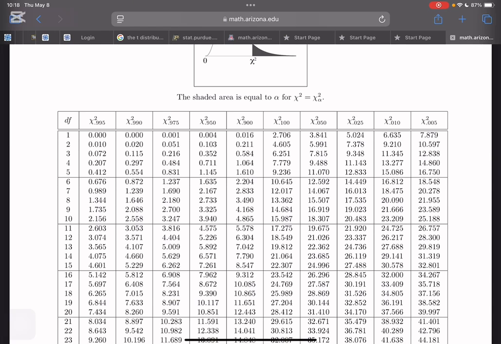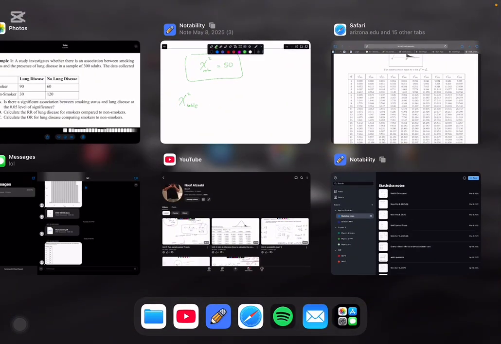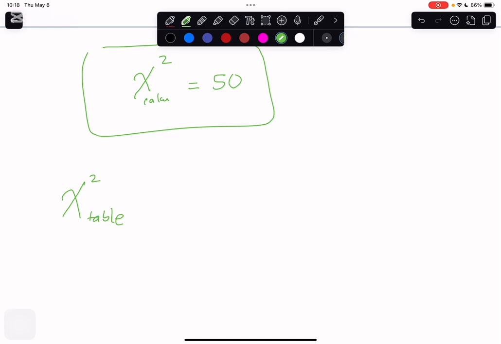Did they give us the significance level? Yes, they told us in the question a significance level of 0.05. On the y-axis you can see the degree of freedom. So I'm going to look up the chi-square table for a degree of freedom and a significance level.